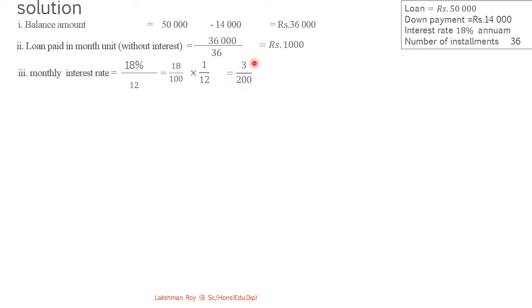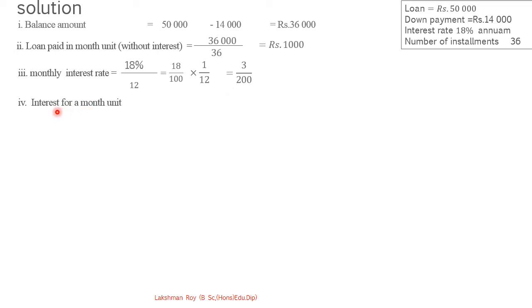So actually this is a fraction. When solving the other parts, keeping it as a fraction is easy, so there is no need to go to a decimal number. Now see Roman number 4, which asks for the interest for a month unit.